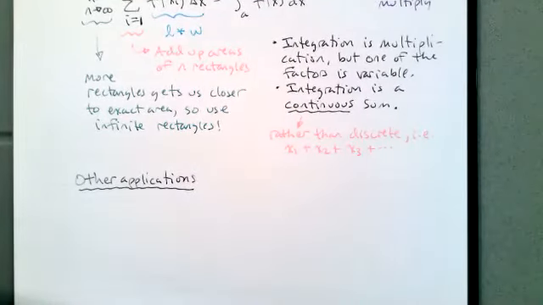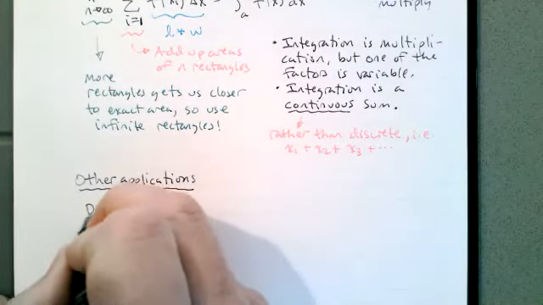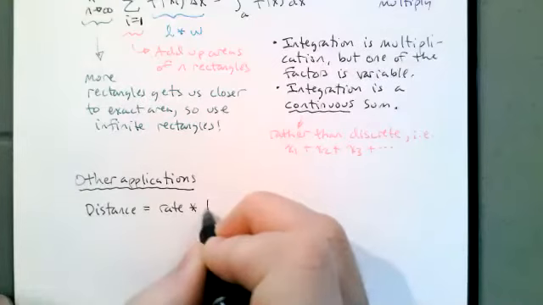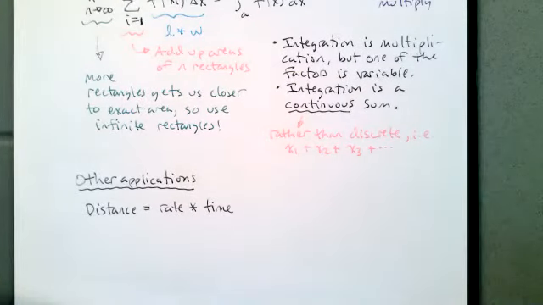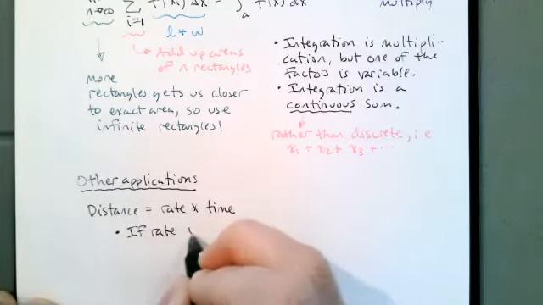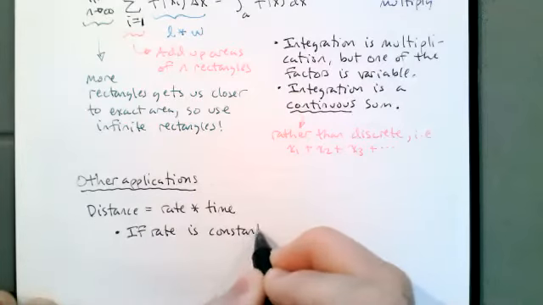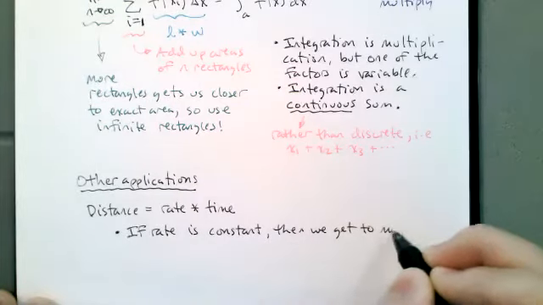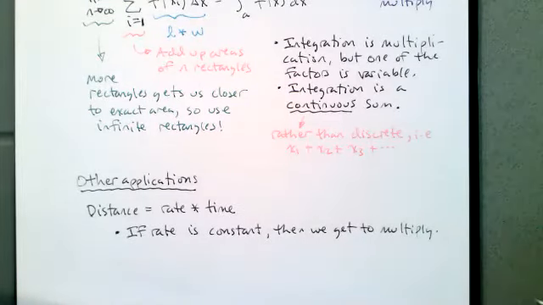So another example of a multiplication is that distance is equal to rate times time. If the rate is constant over the entire time, then we get to multiply.